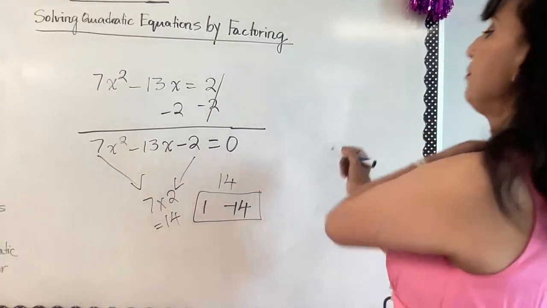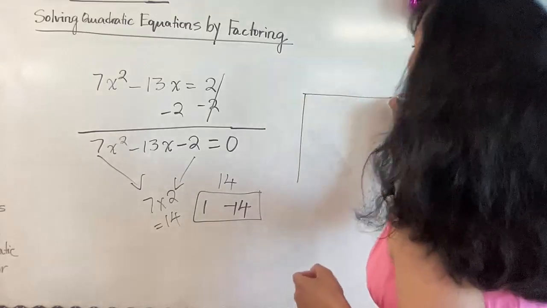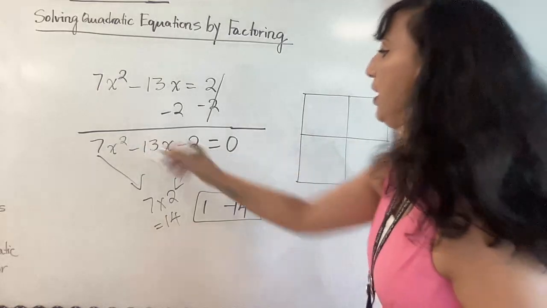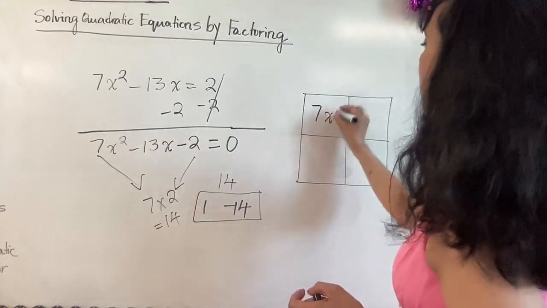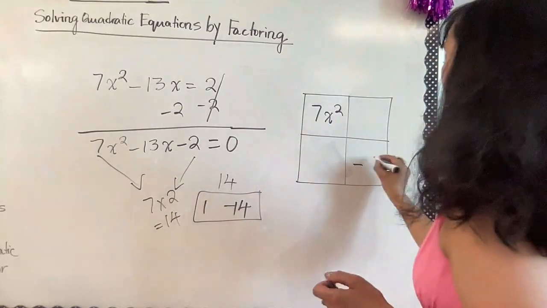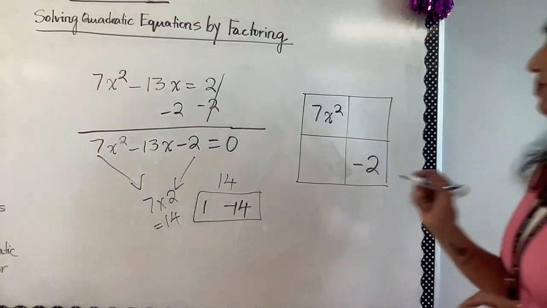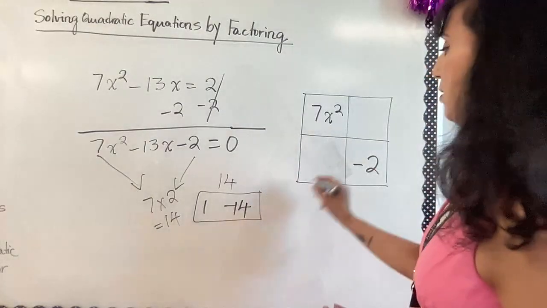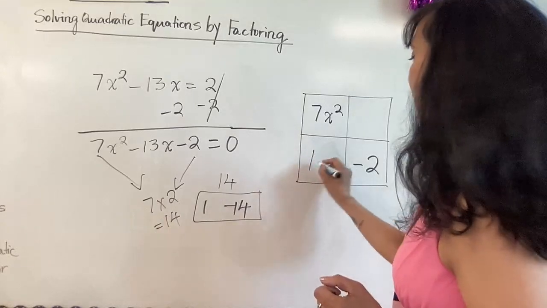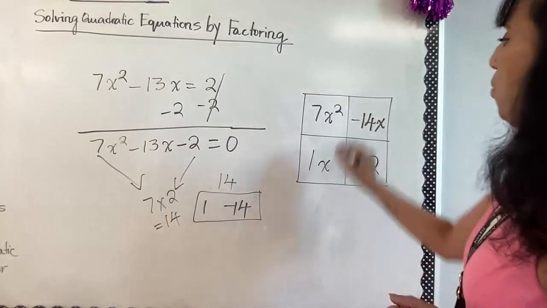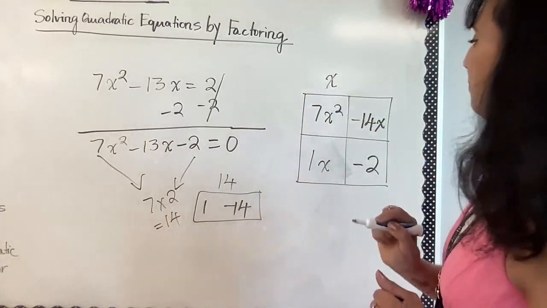So I'm going to use these values over here and I'm going to put this into the equation. So now I'm going to make my area method and my first value is going to go in here. My last value is going to go in over here. And then I've got my 1x, right? And I have negative 14x. So what is common here is x.